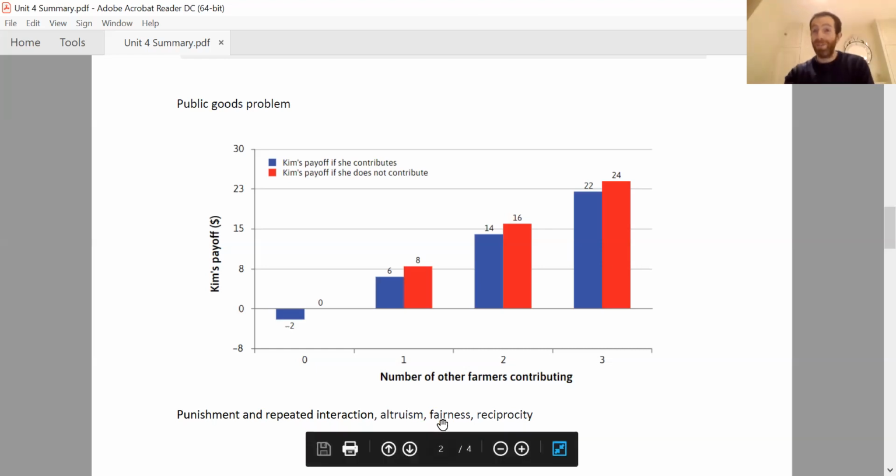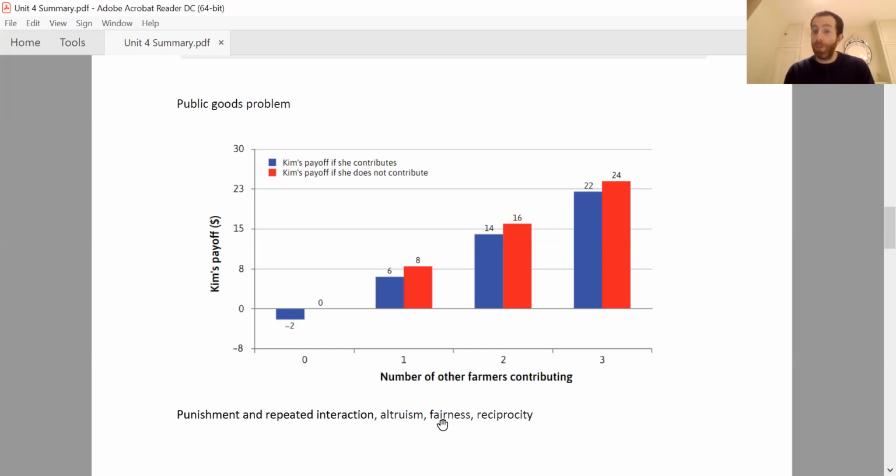There's also the idea of fairness: within a society, it might be the case that in certain circumstances the normal thing to do is to behave in a certain way. Maybe that way isn't going to lead to you maximizing your payoff, but it's the fair thing to do, and so you go along with that.